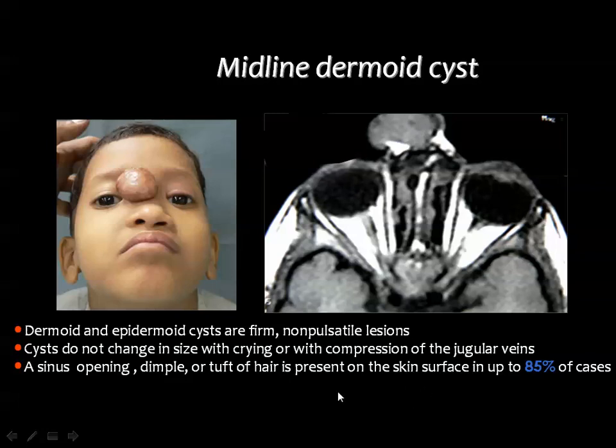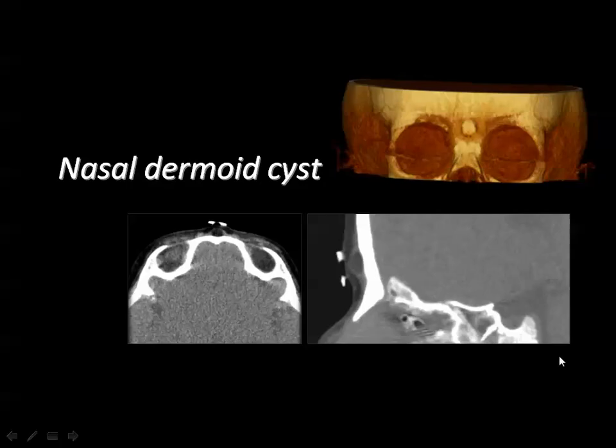And also by CT and MRI, you are able to exclude the possibility of encephalocele by the loss of the connection between bones, but sometimes you cannot differentiate between nasal glioma and dermoid unless you have fat in the dermoid cyst. And fat in the MRI is the opposite of water. When water is black, fat is bright, and when water is bright, fat is black. And this is one of the ways to differentiate both.